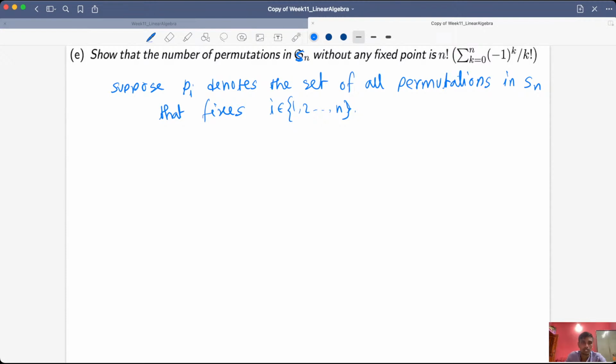Then if I have Pi1 intersection Pik, this means that this consists of all permutations which fix i1, i2, all the way up to ik, right? So now you can calculate the number of permutations which fix at least one of them. So what is that set?